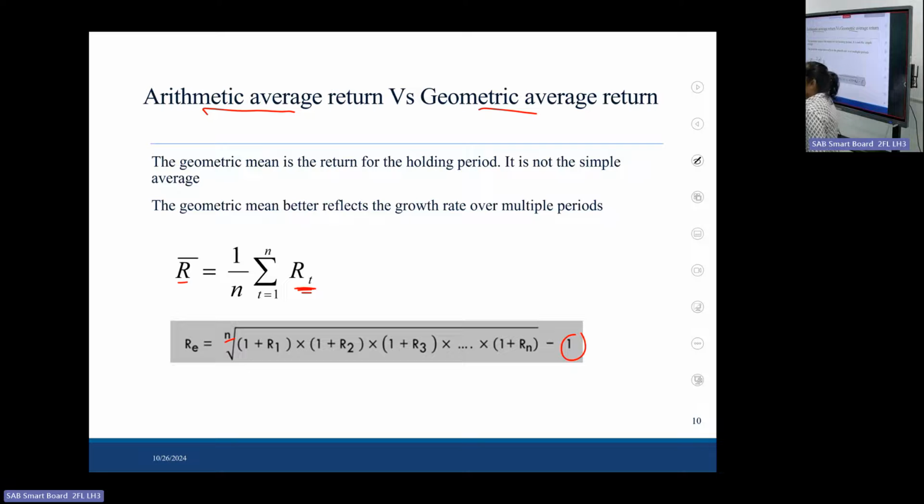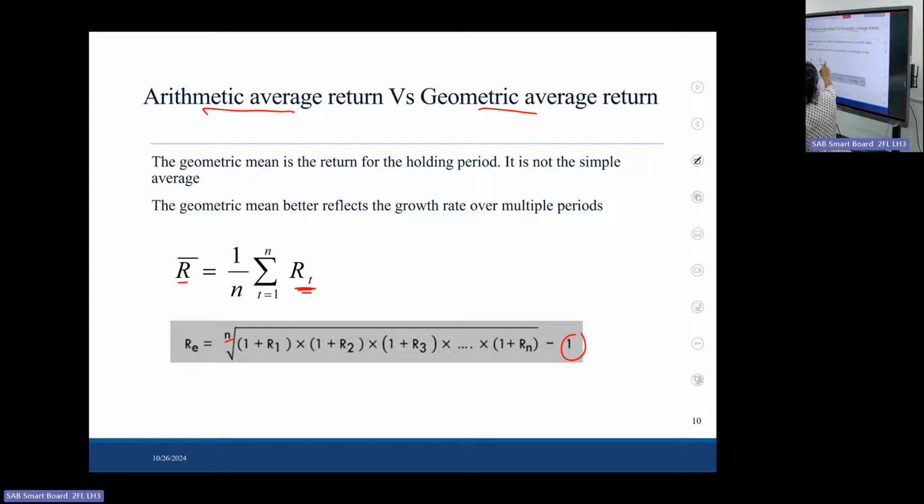Suppose you are investing for 10 years. In the first year you get some return, and you reinvest this return in the same investment at the same return. That is the reinvestment assumption. It is a very strong assumption when we calculate NPV, IRR, payback period, profitability index. This assumption is very important in investment.